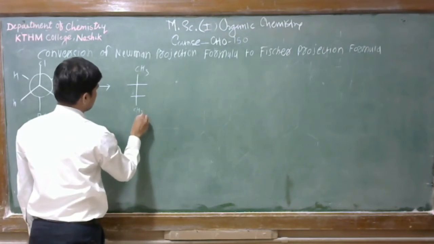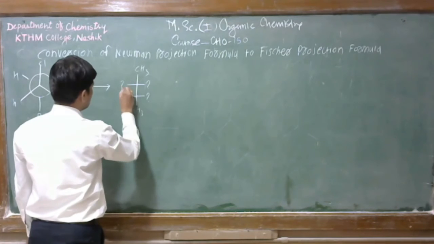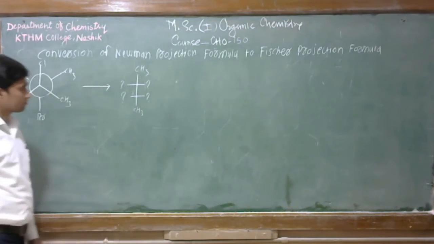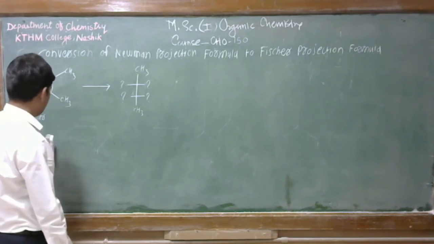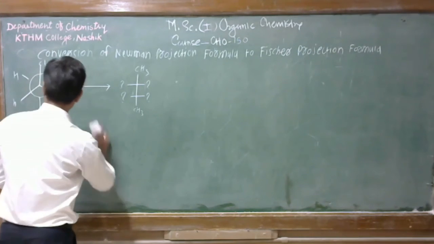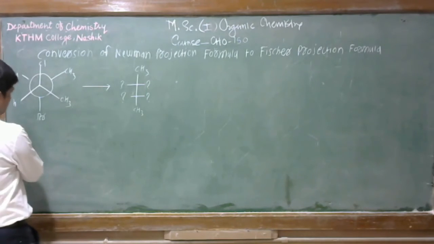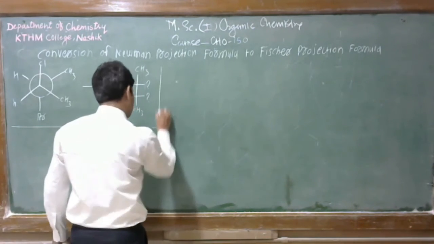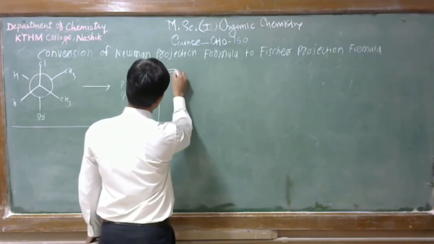This is CH3, this is CH3, and we have to find out these four groups here. Which are the four groups here? Again, as I told you, firstly we have to discuss one thing. So we start the answer here.